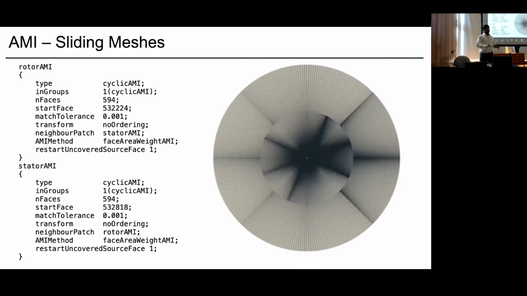One is this particular approach of arbitrary mesh interface. It actually has to have an axial symmetry, right? Because one mesh has to slide over another mesh, so there will be only two components of mesh.